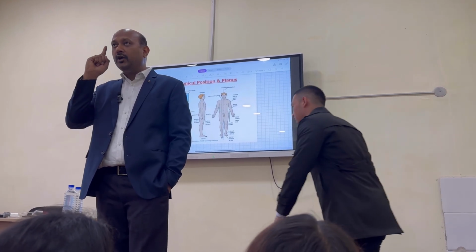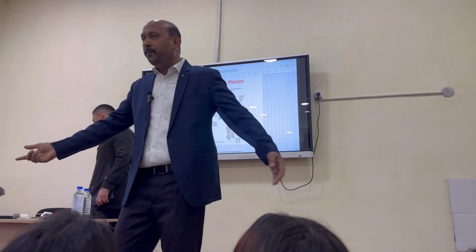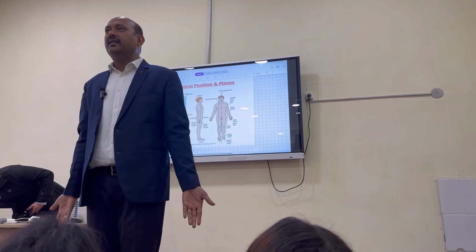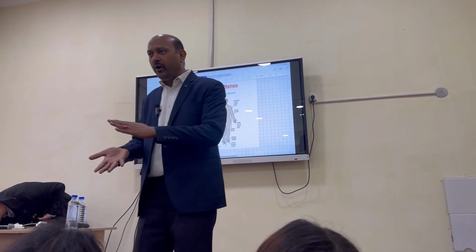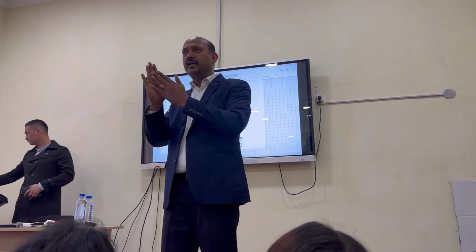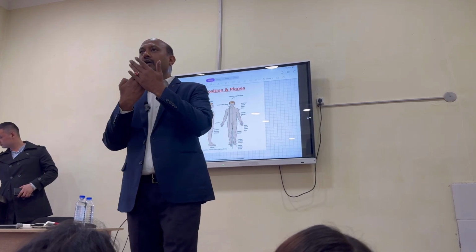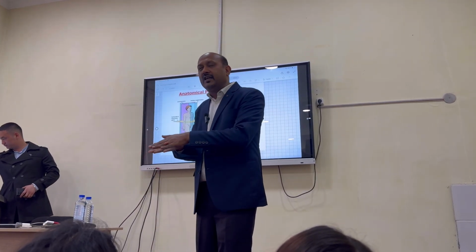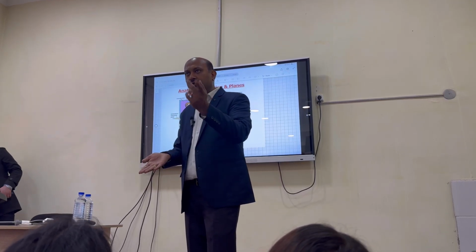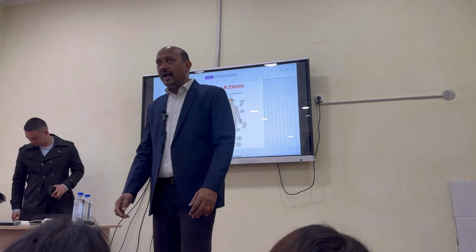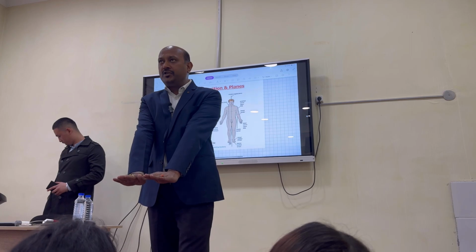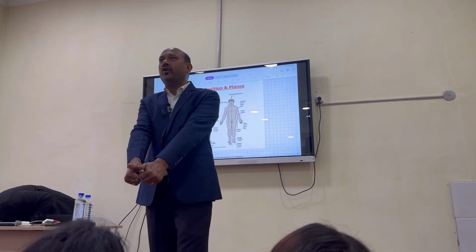Third, both of his upper limbs hanging by the side of the trunk, and the palmar surface, not the dorsal surface, should be facing towards the anterior side. And the last, both of his lower limbs should be parallel to each other, and the toes pointing forward.